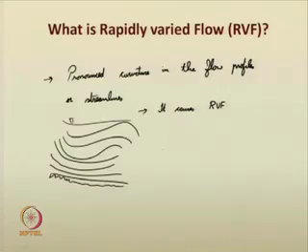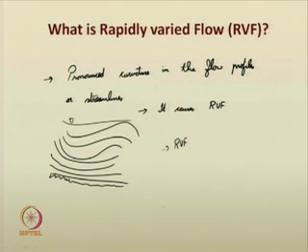This causes a rapidly varied flow situation. You may encounter this type of flow in various locations. Rapidly varied flow is usually defined as rapid or pronounced variation in curvature of the flow profiles, both the water surface and the streamlines. If there is pronounced curvature in those lines, those flows are called rapidly varied flow.